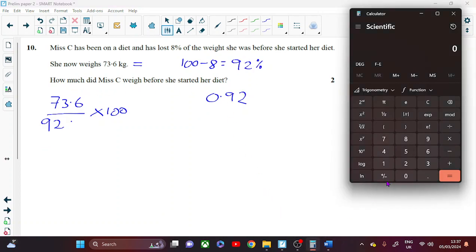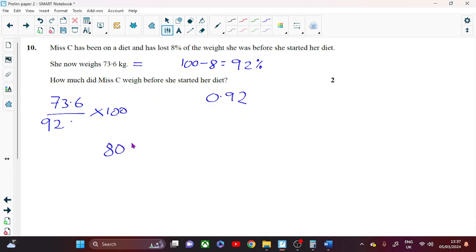I do prefer it that way actually. 73.6 divided by our 0.92 gets us 80. Remember, it was 80 kilograms, so put the kilograms on it.